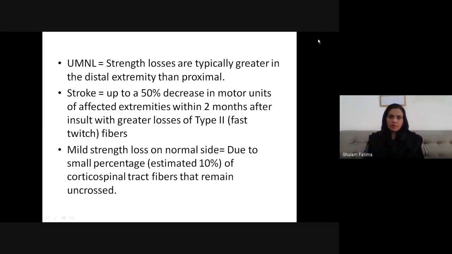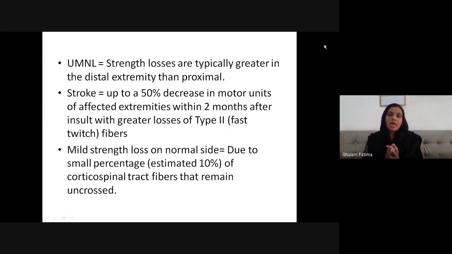There are further facts and figures I would like to discuss at this point. In upper motor neuron lesions, which most of the time means spastic paralysis, the greater loss of strength is in the distal extremities, meaning your hands will be more affected as compared to your shoulders. Moreover, in stroke patients, it has been seen that within 2 months of the event, there is almost a 50% decrease in the motor units.